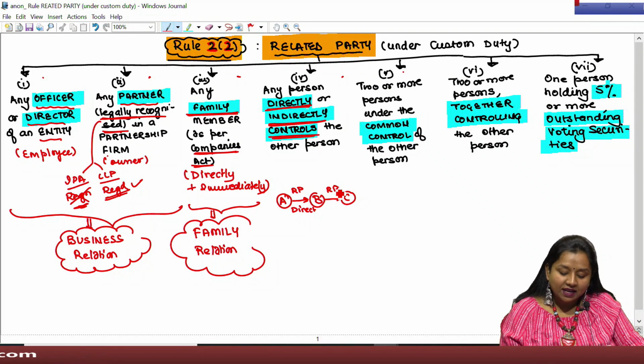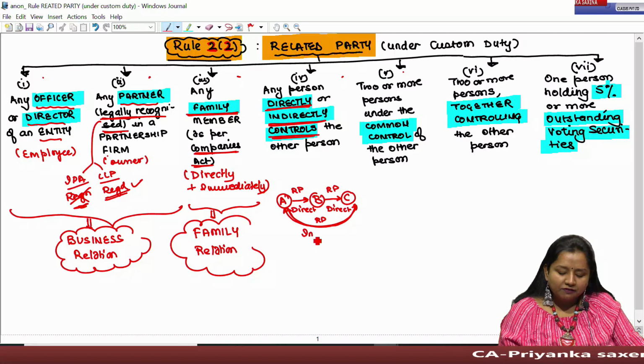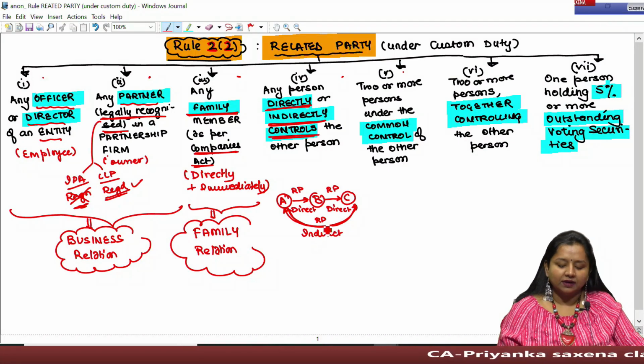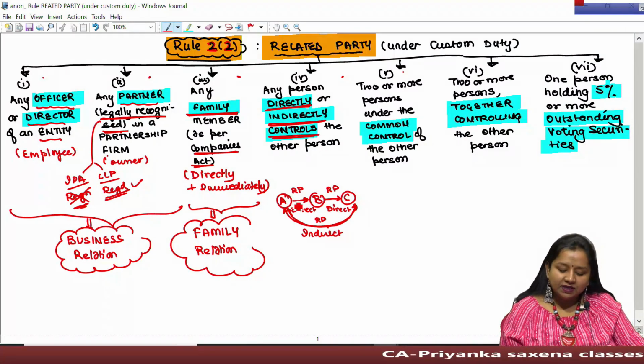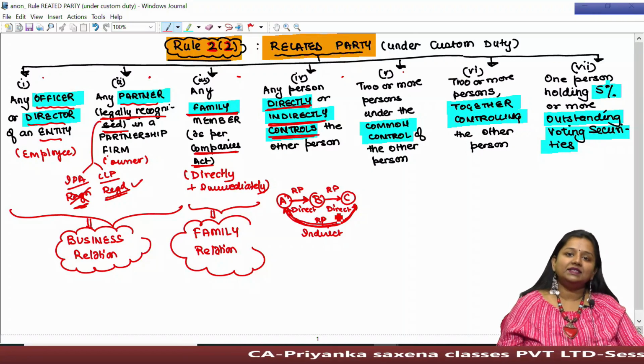B and C are again related party because again they have direct control. As well as A and C shall also be treated as related party because of indirect control therein.